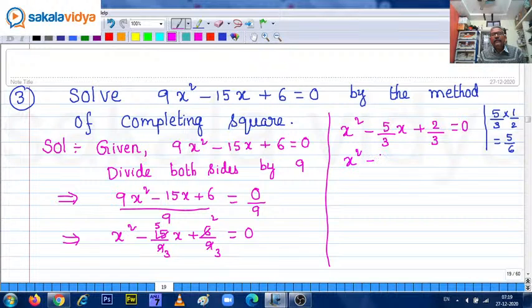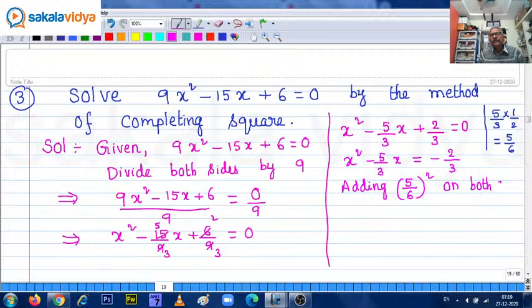X square minus 5 by 3x equal to negative 2 upon 3. Adding 5 upon 6 whole square on both sides.